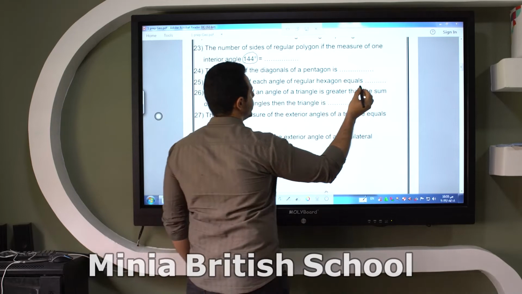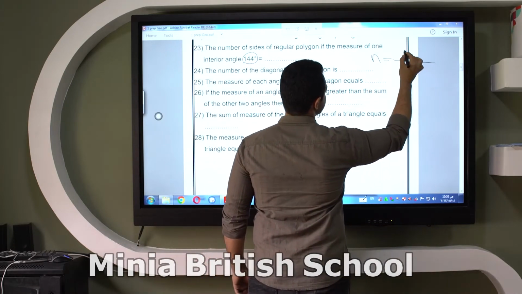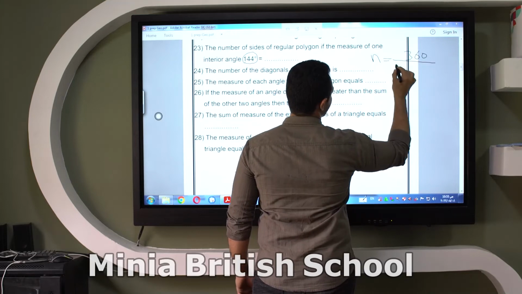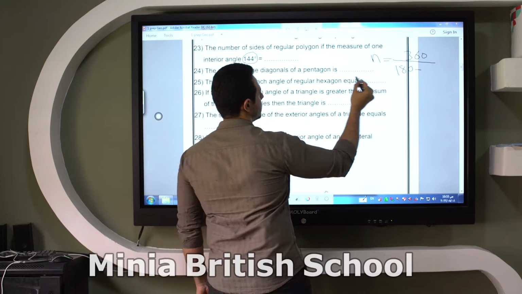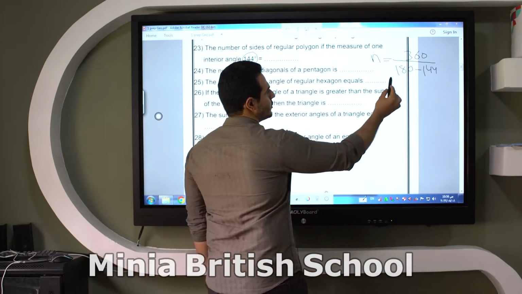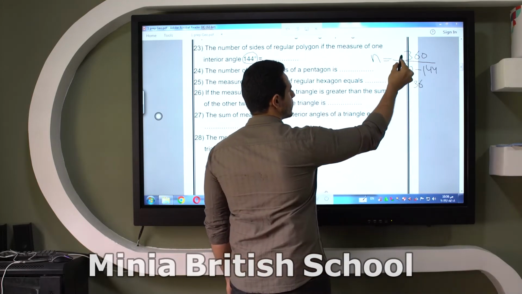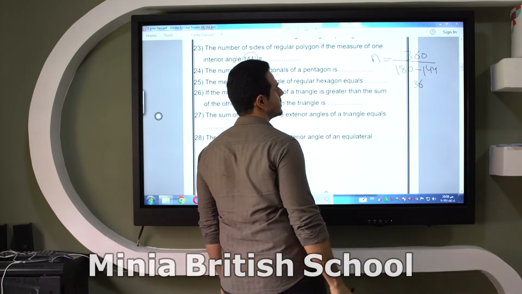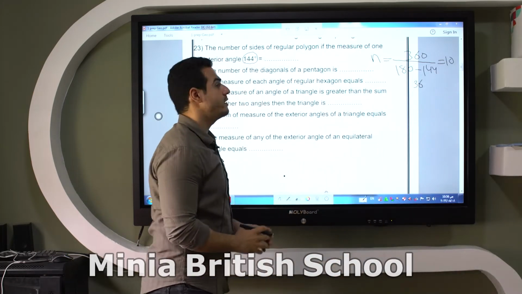We can find it by this rule: n equals 360 over 180 minus the measure of each angle, 144. 180 minus 144 equals 36. Now 360 divided by 36 equals 10. So this polygon has 10 sides.